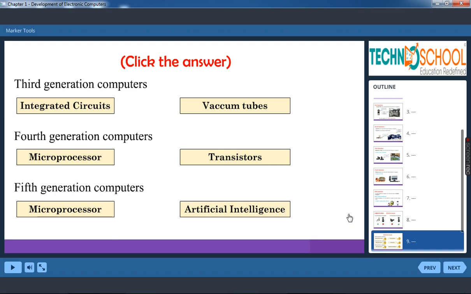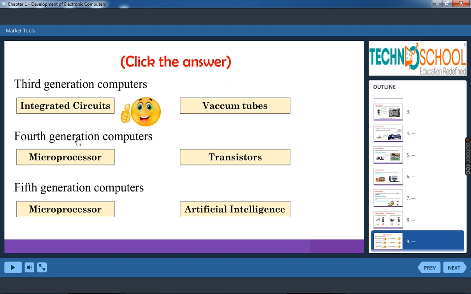We'll move to the next task. Here you have two options. You have to select one. Third generation of computers. Third generation computers used integrated circuits, vacuum tubes. Fantastic. Integrated circuits. Good. Everyone is trying to give the answer.